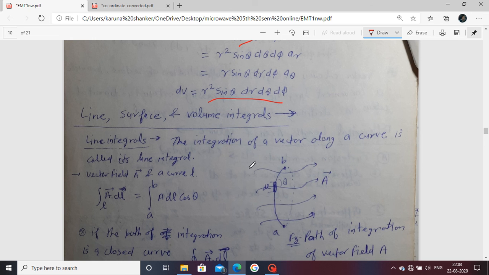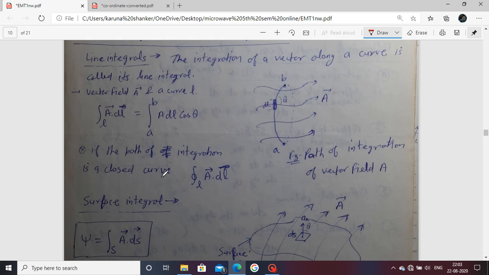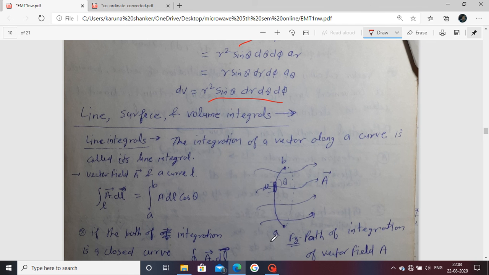Line, surface, and volume integrals. Here you see the line integral from 1 to 2. One of the vector fields flows in this direction. You take a length from A to B, then you integrate along this length; that is the line integral from A to B. A dot dl means that over a small length dl, we integrate the component along the vector A. A dot dl is the line integral.